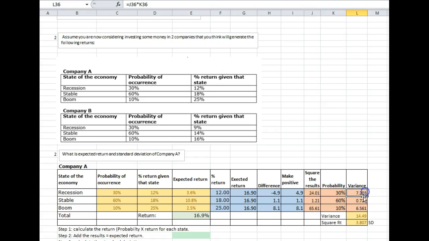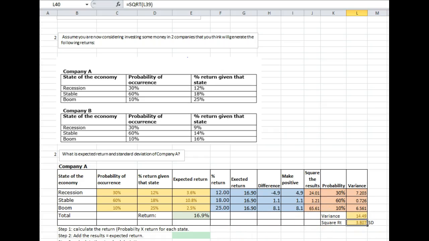And these variances get added up to give you the stock variance, which is how big a spread there is. Then you get the square root of it to get your standard deviation from the expected rate. And this tells you the amount of risk.